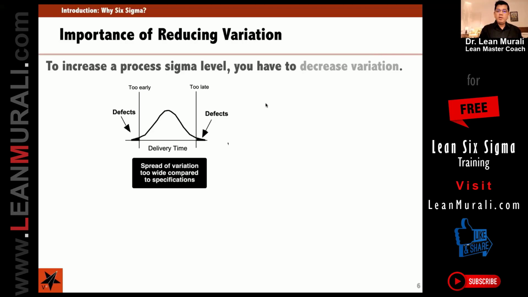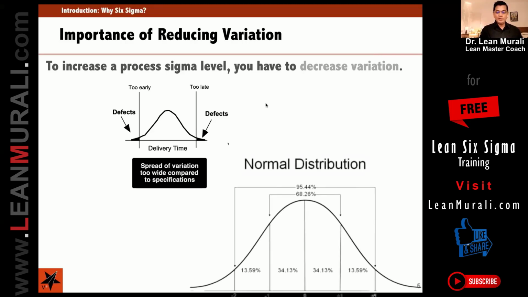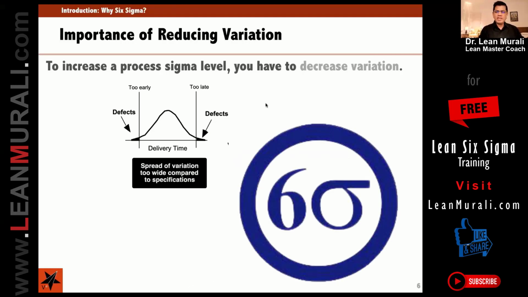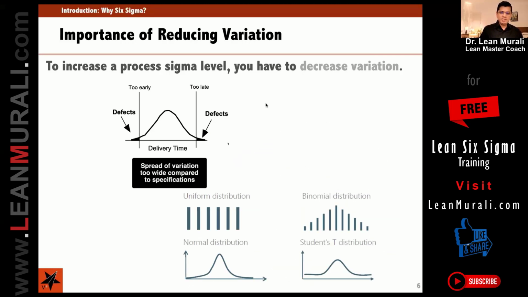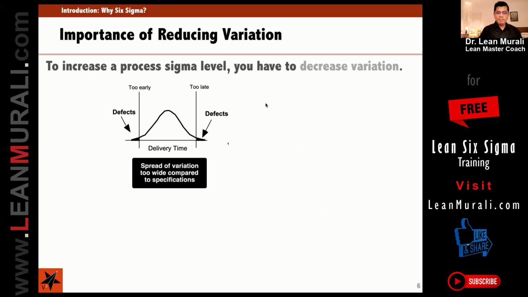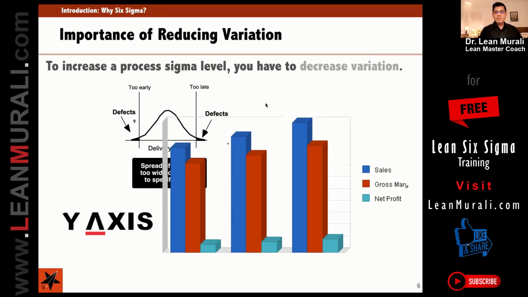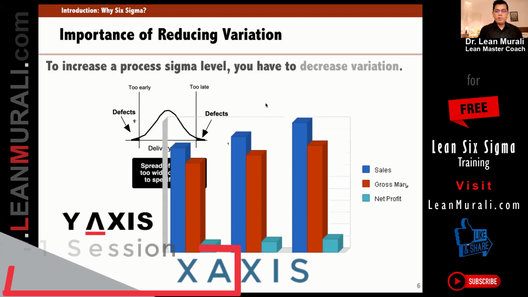You need to refer to what is called ND, normal distribution. This is one more thing that you will have to learn in Six Sigma. There are various types of distribution in statistics. What is a distribution? Distribution is nothing but, on the y-axis, you are plotting the number of times or your value, and on the x-axis, you are plotting your variable.